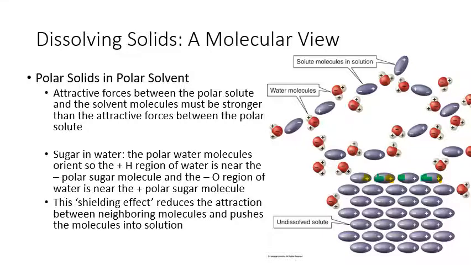So positives and negatives are interacting in the solute state, but as that solute gets exposed to water, the water molecules also interact so that the negative is interacting with the positive. So negatives and positives are still going to interact. It's just now the negative and positives of the solute and the water interacting with each other. And as that happens, the solute starts to become dissolved and surrounded by water molecules.